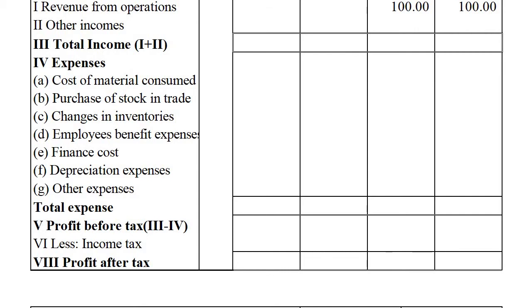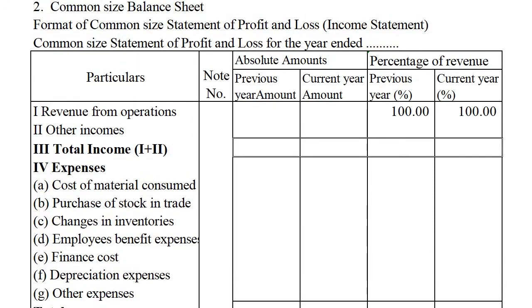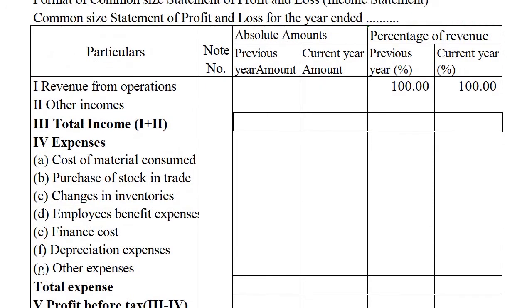In the same way, all the items in the profit and loss account will be written, and we will make the columns for previous year and current year amount. Everything will be there in the question.